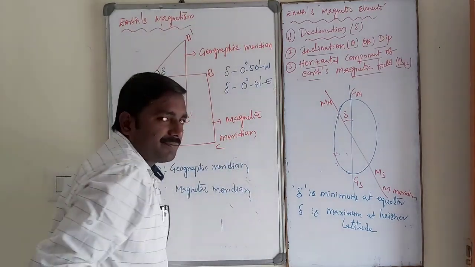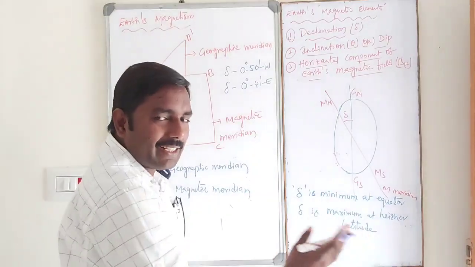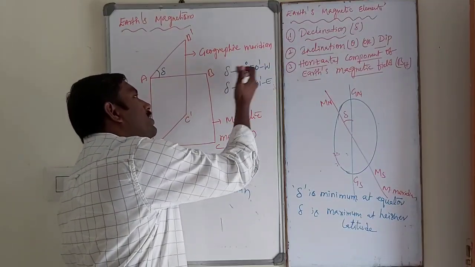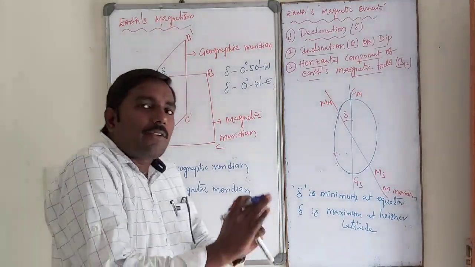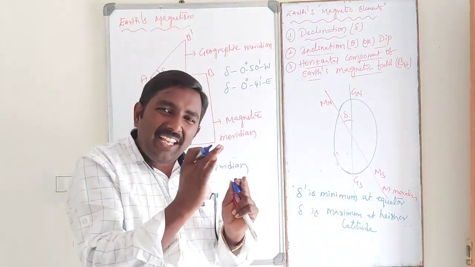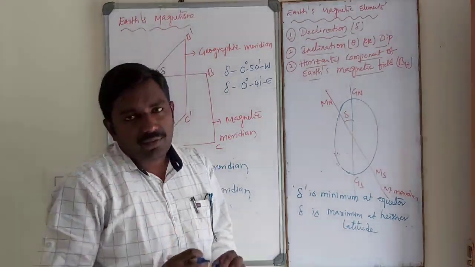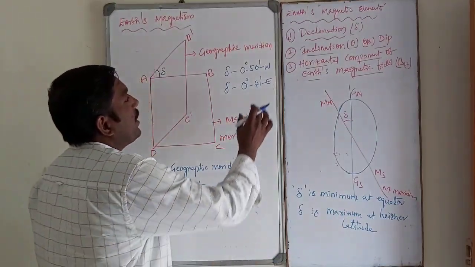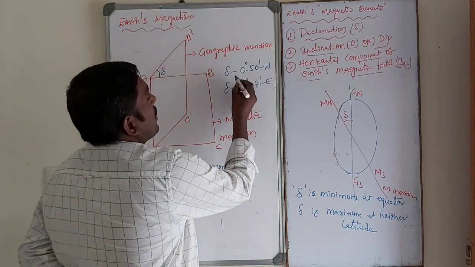So the angle is tilted towards west in one case and towards east in the other. The value varies from place to place. However, declination in India is low.